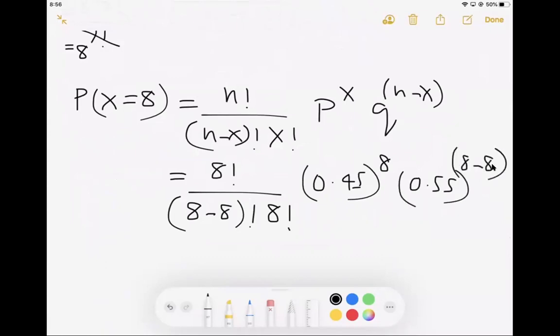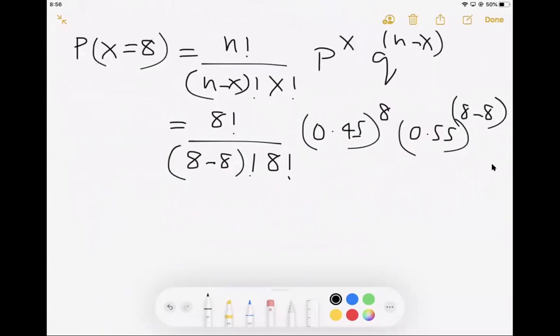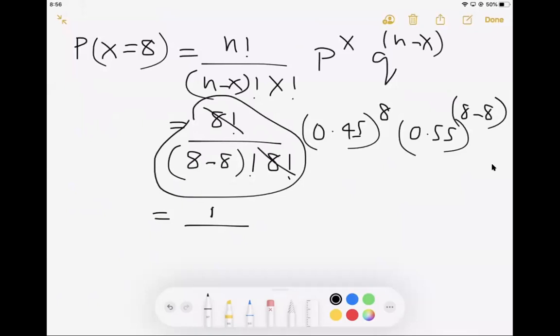Why? Because n is 8, x is 8. Both are 8. Now, how can you find this one? Here, can you see? You can cut. Now, the numerator is 1. Then here, 8 minus 8 is 0. I told you there is a definition: 0 factorial is 1. So, times 0.45 to the power 8.